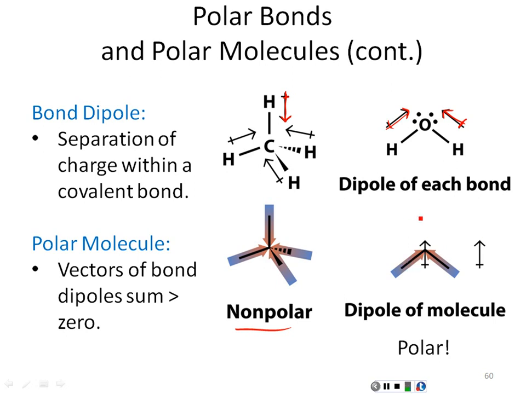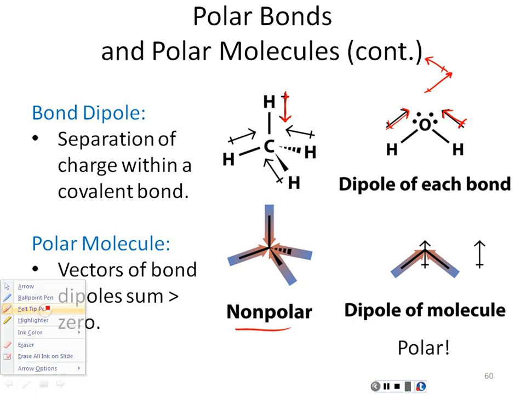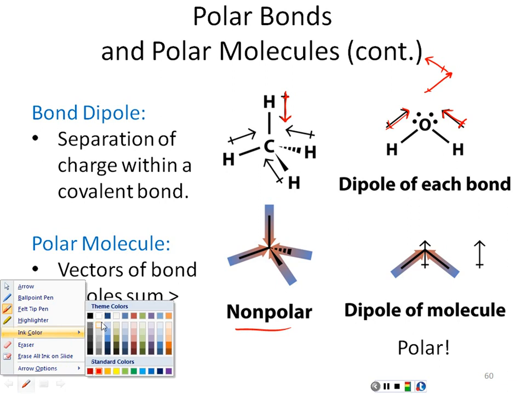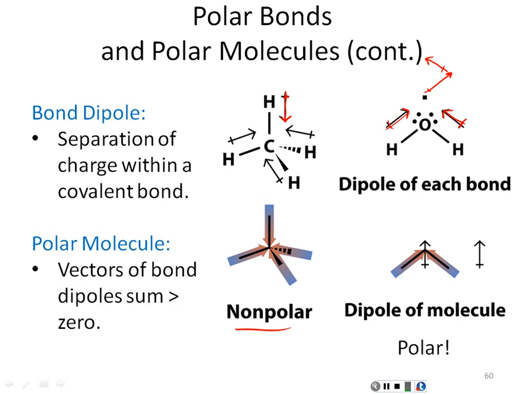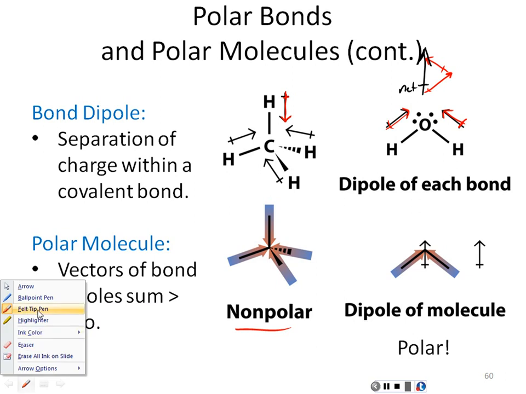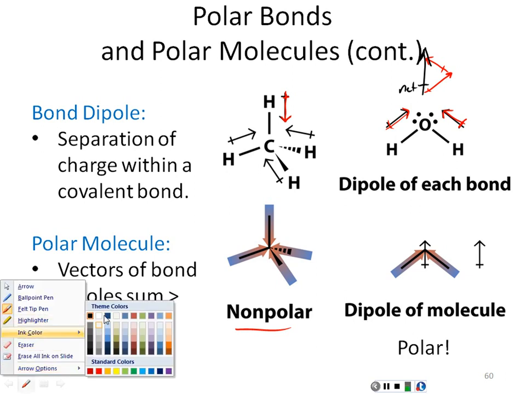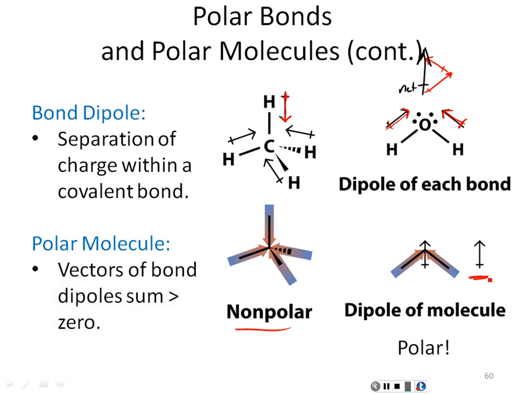Another way you can think of this is if you add both of these dipoles together, you'd have one going that direction, another going this direction, and then your net dipole becomes in this direction. And that is shown here. So this molecule has a dipole, and it's a polar molecule.